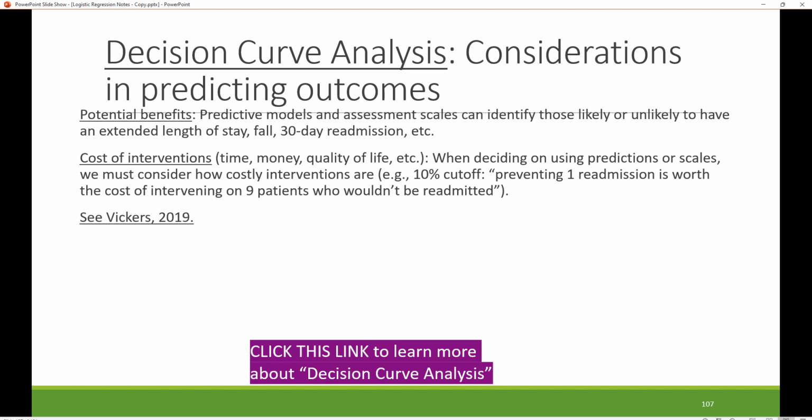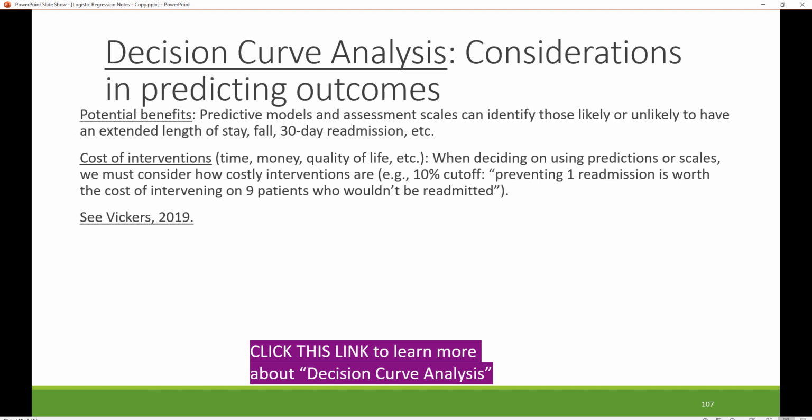Predictive models and assessment scales can identify those likely or unlikely to have an extended length of stay, fall, 30-day readmissions, and so on. We need to think about the cost of interventions. That's time, money, quality of life, etc. When deciding on using predictions or scales, we must consider how costly interventions are.